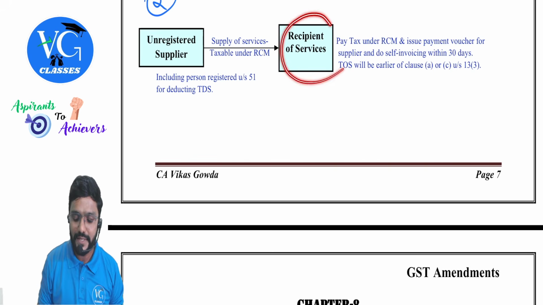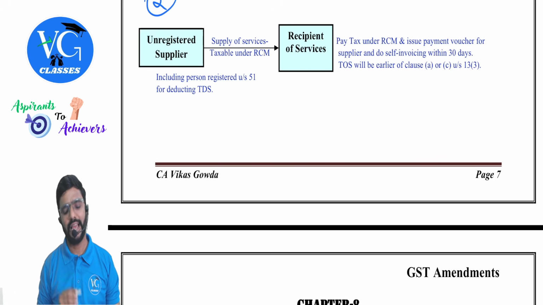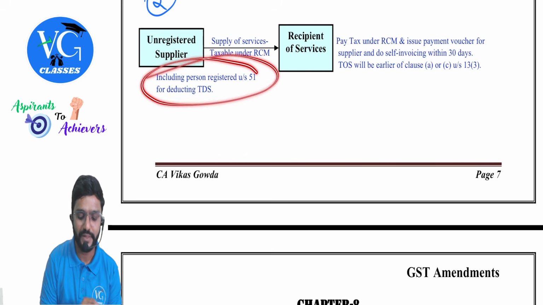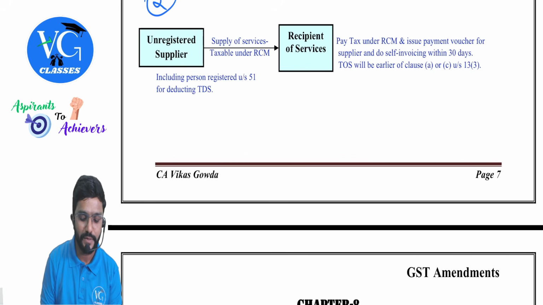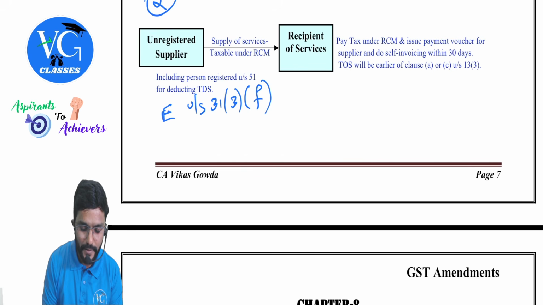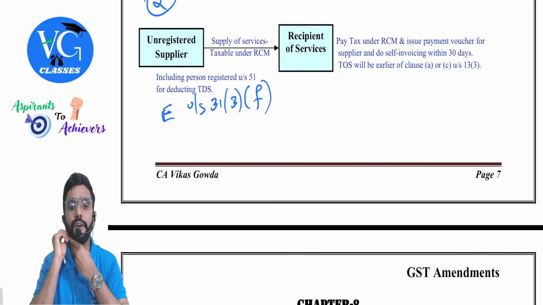And if RCM is applicable, should recipient do self-invoicing? Yes, guys, as if this guy is unregistered. I mentioned here, you can see, this is as per the explanation given under section 31 subsection 3 clause F. This is the explanation, including person registered under section 51 for deducting TDS.